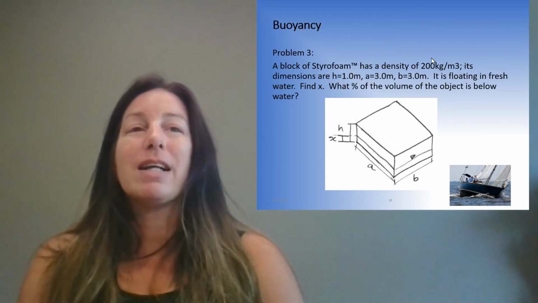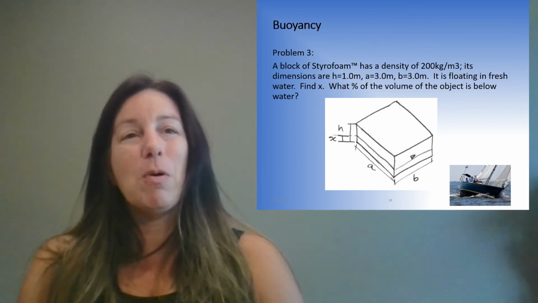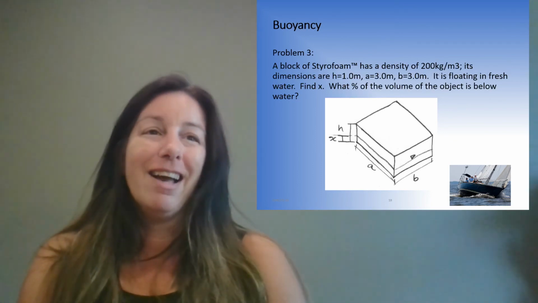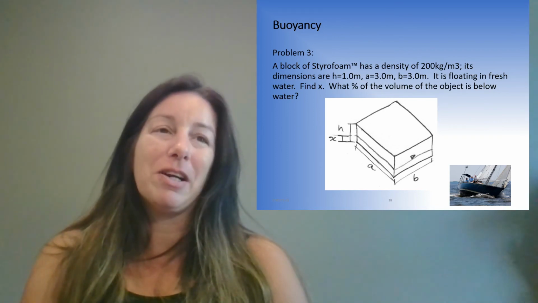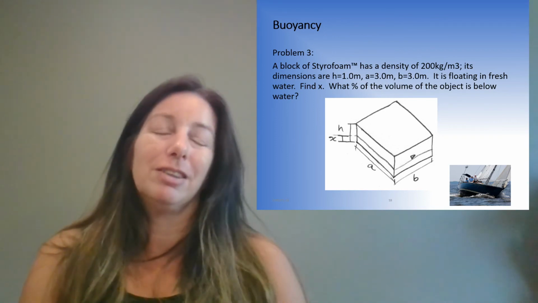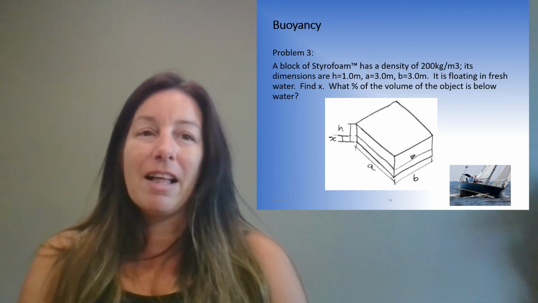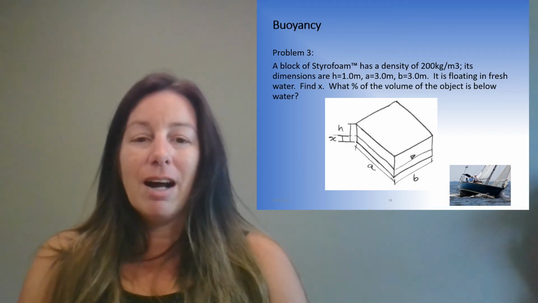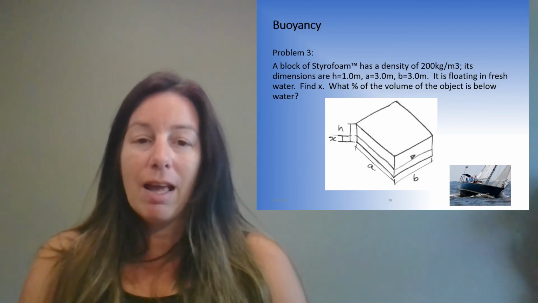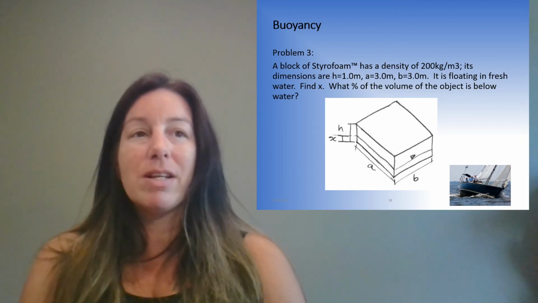Here we go, a block of styrofoam. This is almost my lot in life right here. It has a density of 200 kilograms per meter cubed. Its dimensions are the height is 1 meter, the length of it, A, is 3 meters, and the width of it is 3 meters.